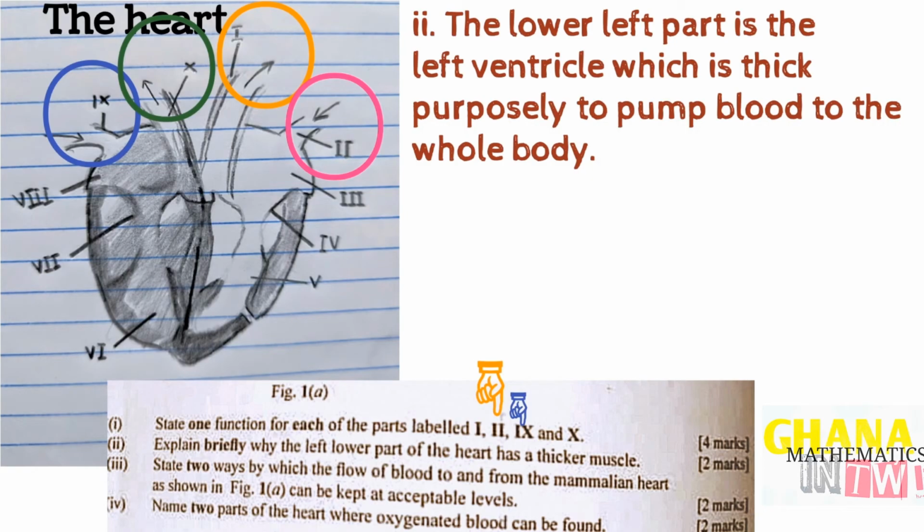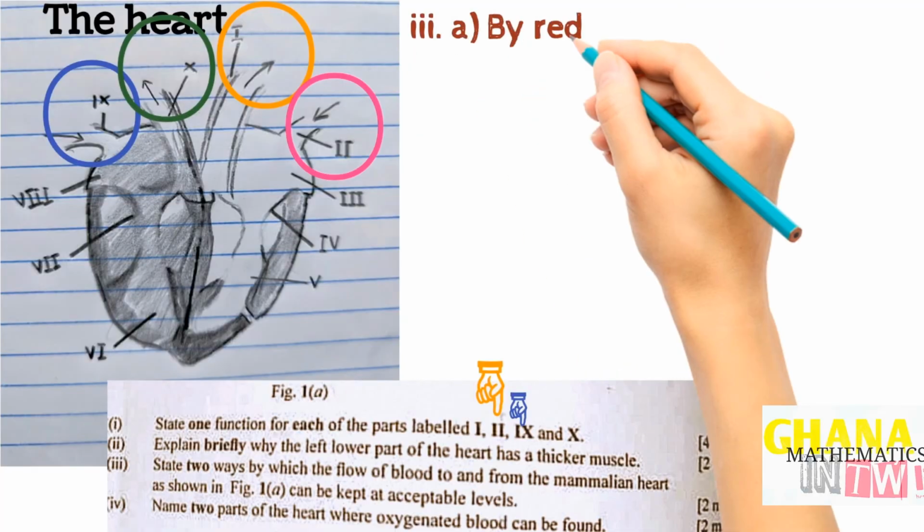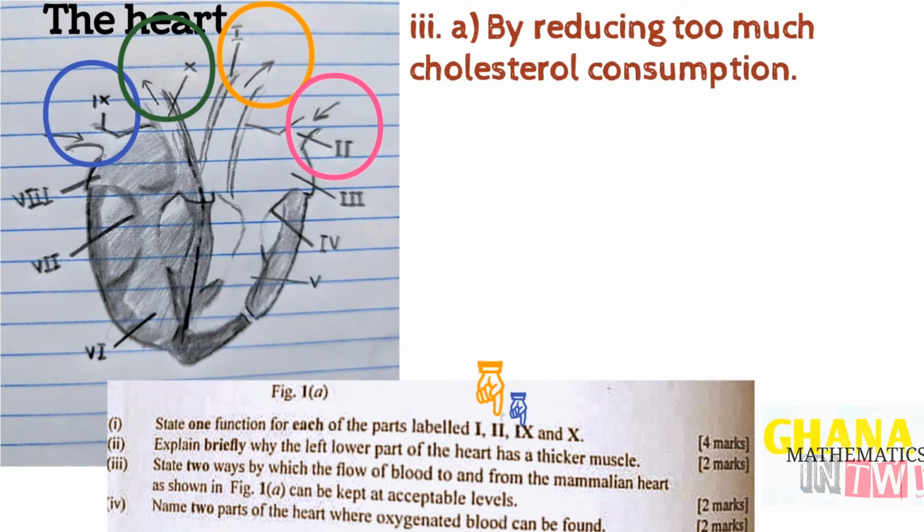It is not easy for the heart to pump blood, so if it is using some muscle to pump blood, then the muscle must be thicker so that it will be able to pump the blood to all the various parts of the human body. Therefore, it is thick to pump blood to the whole body.